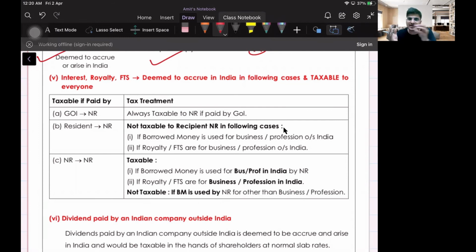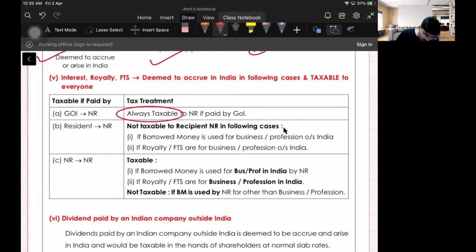That's why the government is paying interest. The non-resident has provided the loan, or know-how, that is technology, or technical service. The non-resident provided it to the government, therefore the government is paying interest on that loan, royalty for that know-how and fees for technical services. So if the government pays a non-resident, please remember it is always and always taxable.